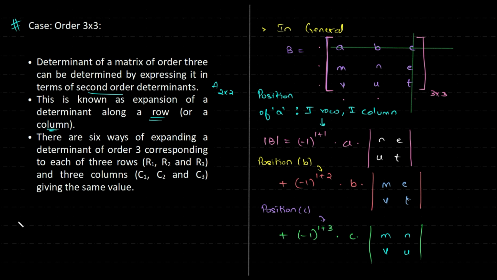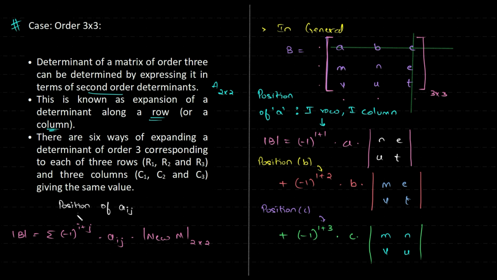So I can write it in general. I can get B from, let me leave some space, summation of minus 1 to the power of i plus j, and this is Aij, and we need to create a new matrix which is of order 2 by 2, and this is nothing but your position of Aij.